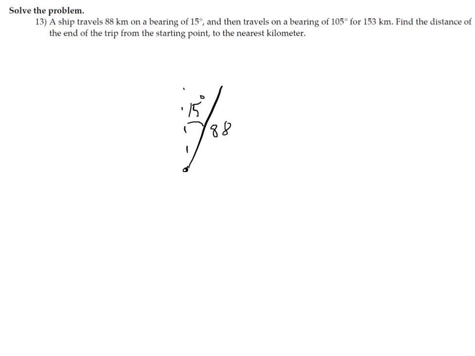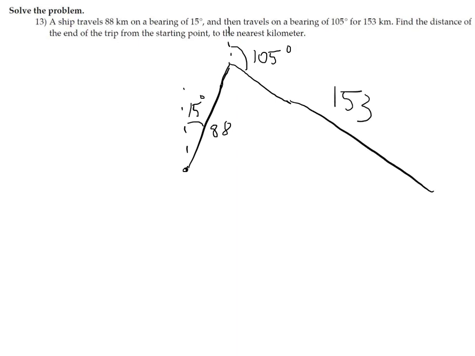Okay, and then we go for a ways, and then 105 degrees. Now 105 degrees again is based on north. 90, 105 would be about there. 105 degrees, always based on north. That's what these bearings are. 153 kilometers, so further. Almost double, or a little more than double. Less than double. That might be too long.